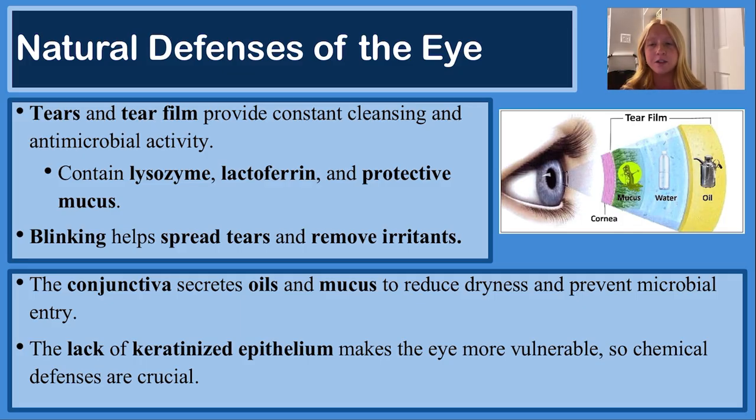The conjunctiva also contributes by secreting mucus and oils, keeping the surface of the eye smooth and resistant to microbial attachment. Because the eye lacks the keratinized layer that skin has, it has to depend on these chemical defenses instead. So blinking, tears, and mucus all form a powerful non-inflammatory barrier that prevents infection and keeps the cornea clear.